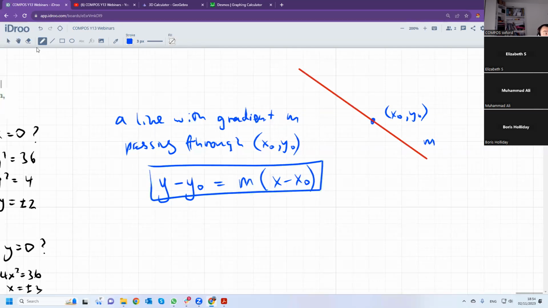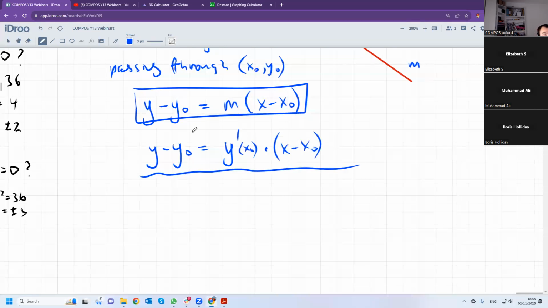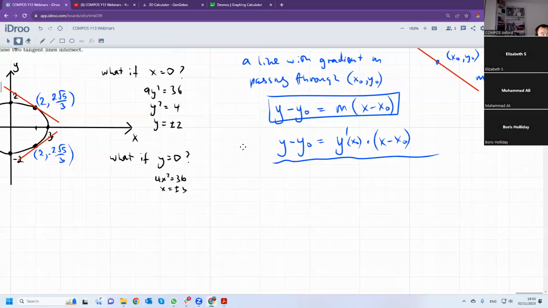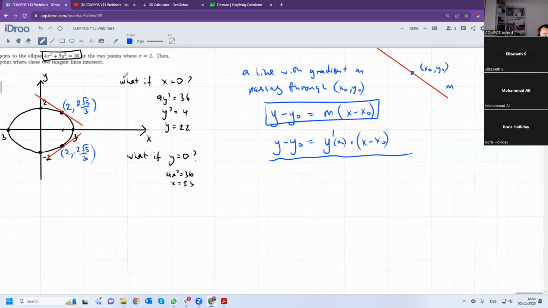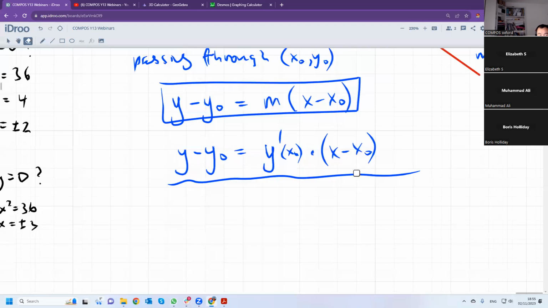But we know that the gradient is the derivative. So we can modify this to y minus y0 equals the derivative at that point multiplied by x minus x0. So this is the equation of the tangent, and for the normal it's going to be the same thing, but it's going to be minus 1 over y prime x0. Type 1 if you understand this equation, please.